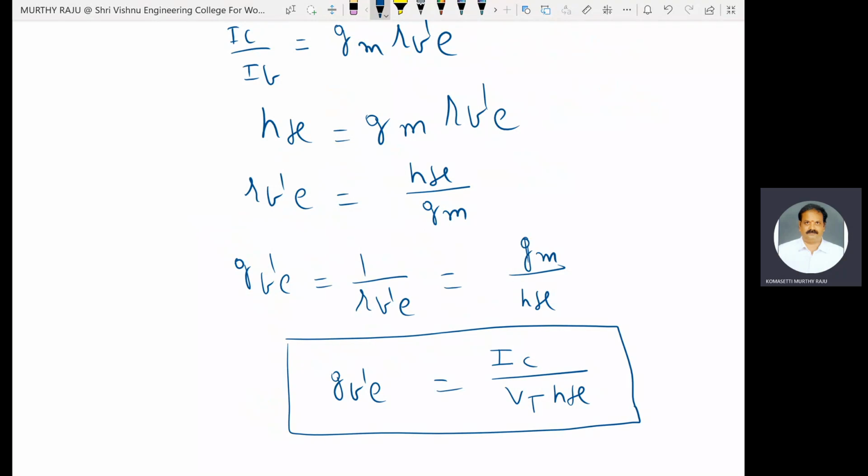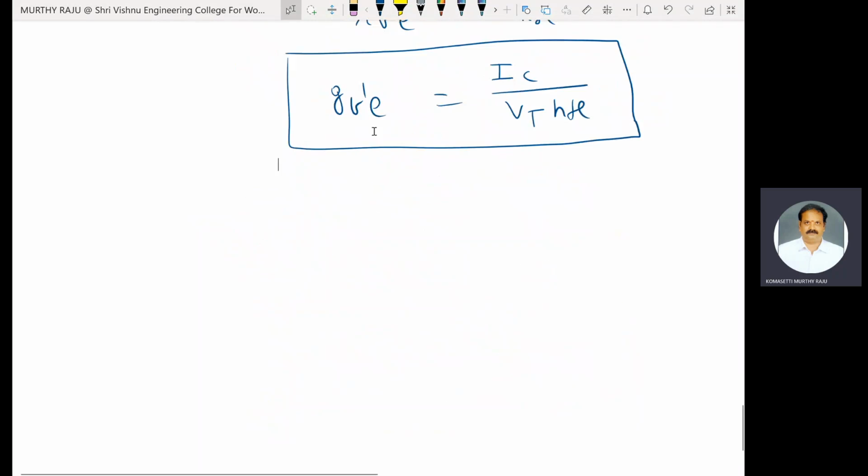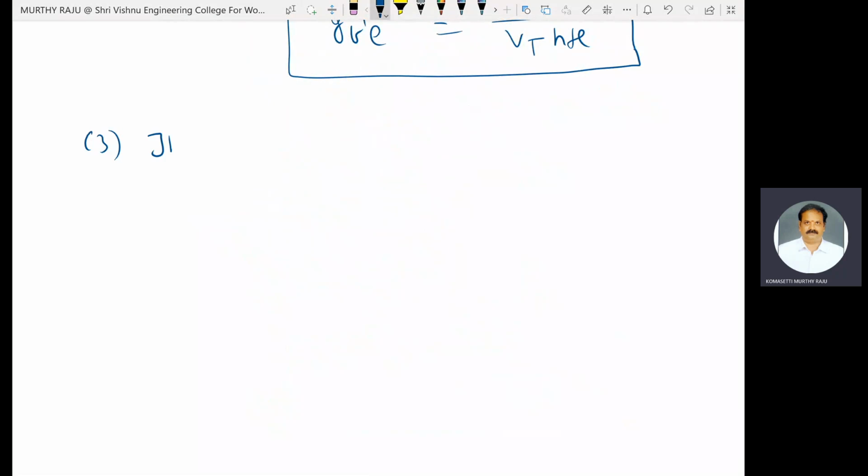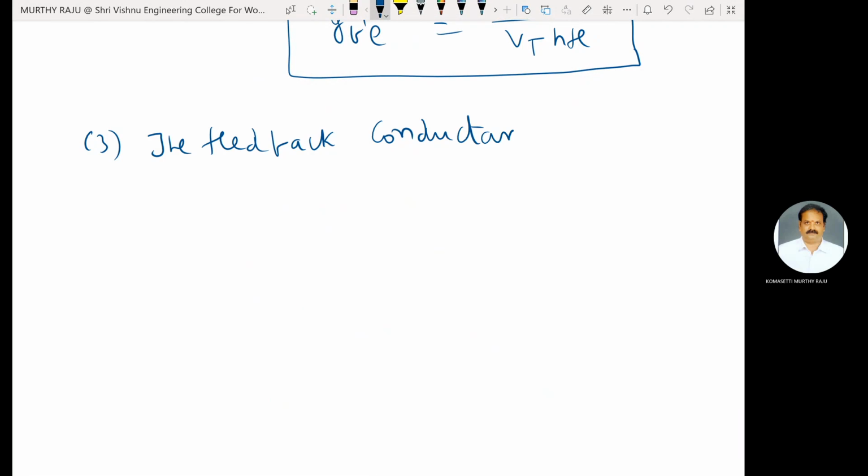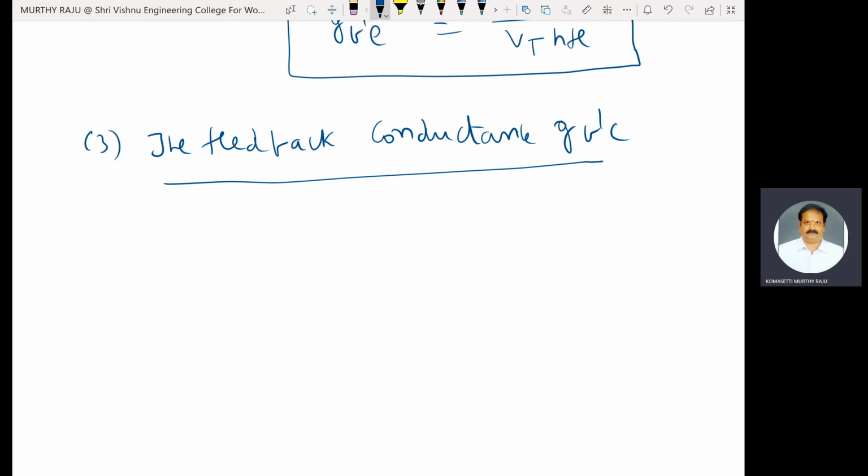Next one is feedback conductance. Third parameter is the feedback conductance GB dash C. In order to calculate the feedback conductance GB dash C, set IB equal to 0 in both models, the hybrid pi model for CE configuration at low frequency and the H parameter model for CE configuration at low frequency.